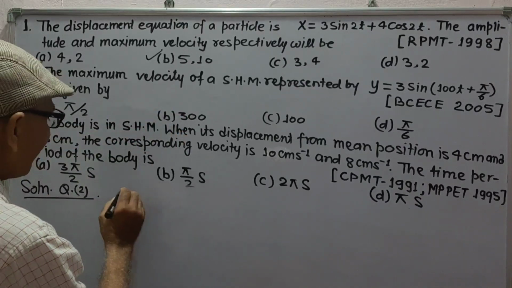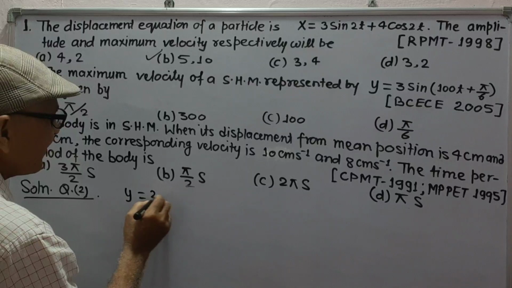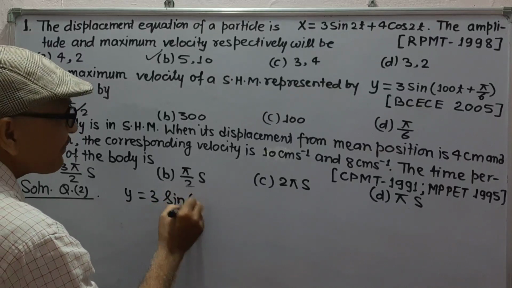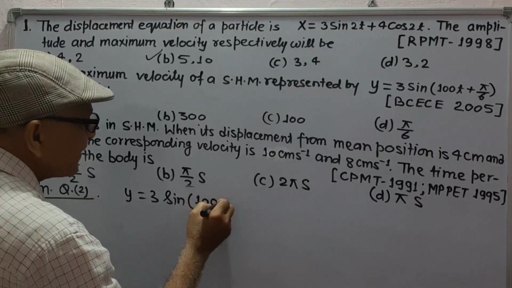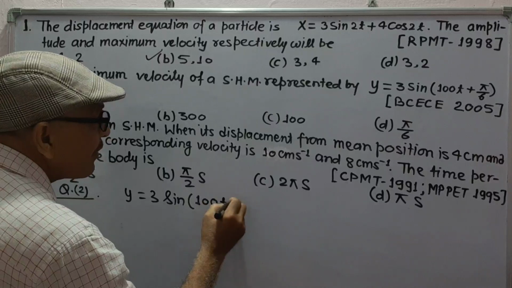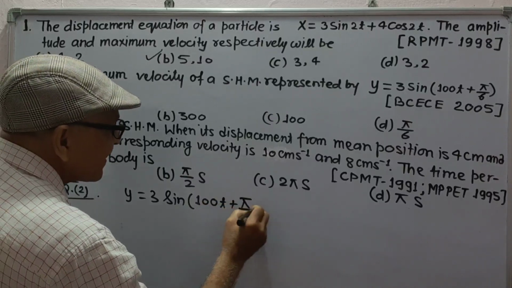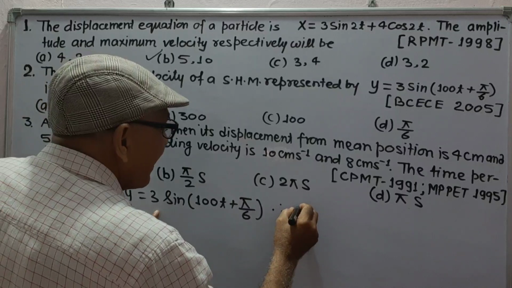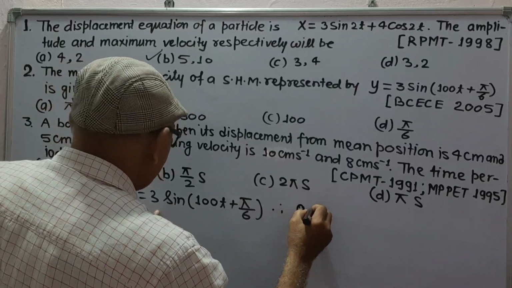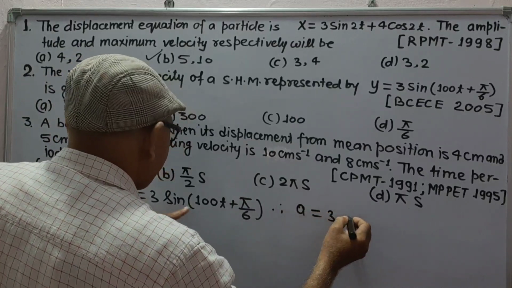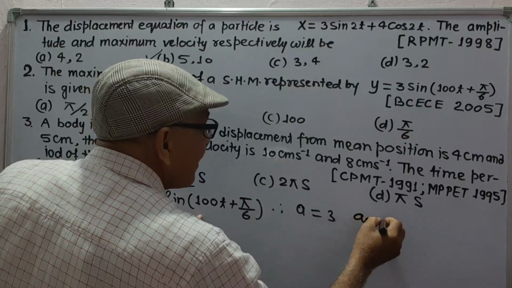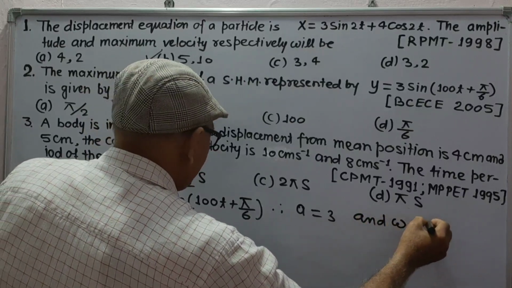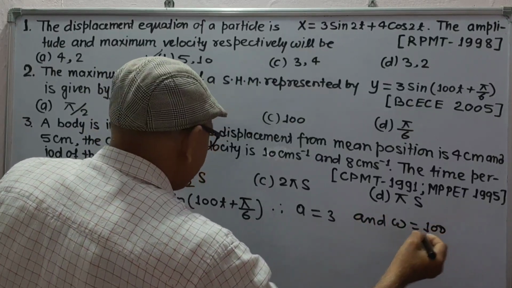Here y is 3 sin 100t plus pi by 6, therefore amplitude A will be equal to 3 and omega will be equal to 100.